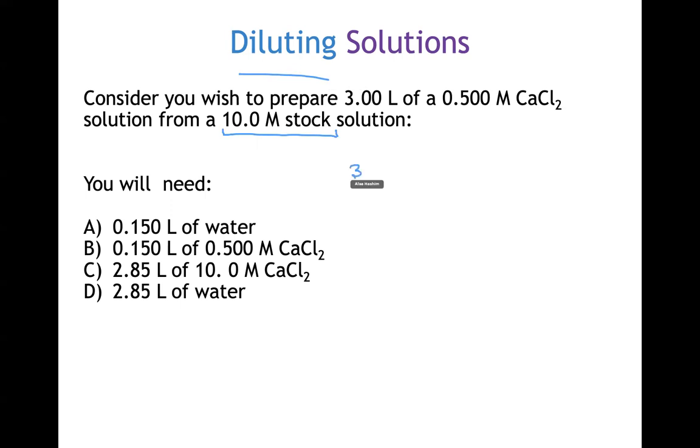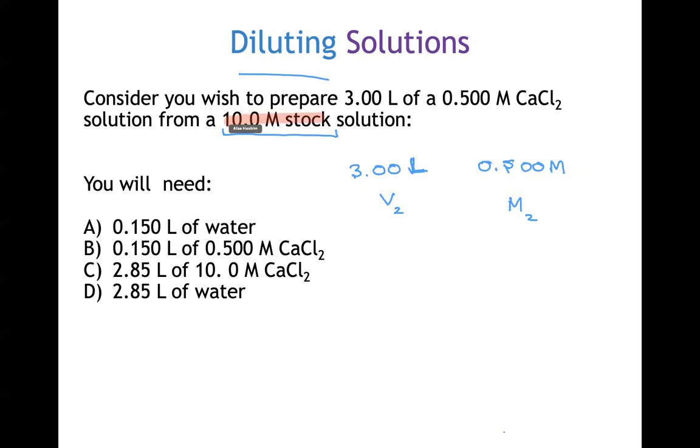Where you're actually given that this is the final volume that we need, or V2, and our desired molarity is 0.500 molar. That's our final molarity that we're looking for. And we're starting with a 10 molar stock solution.